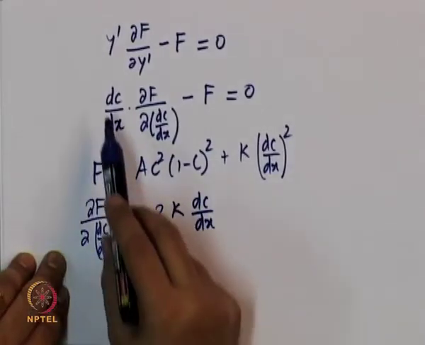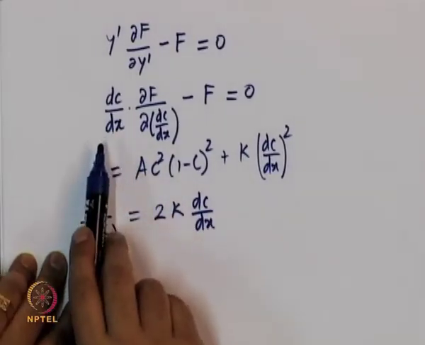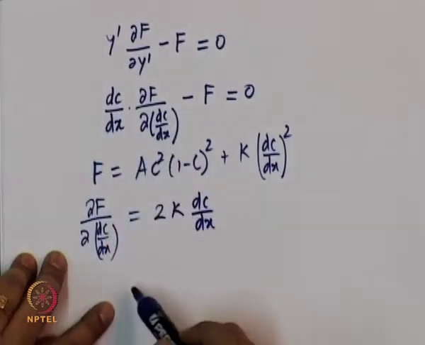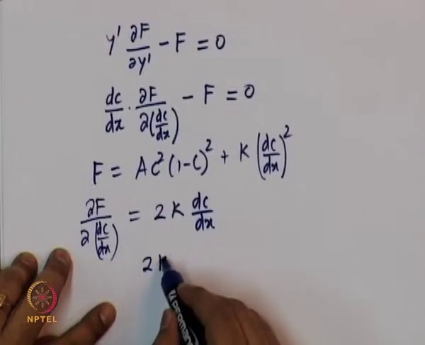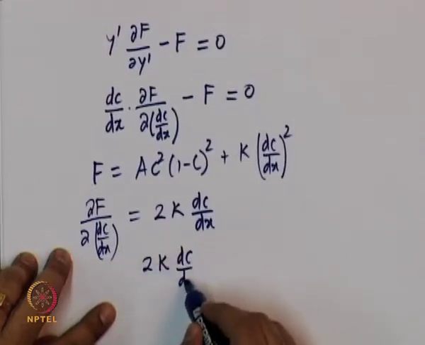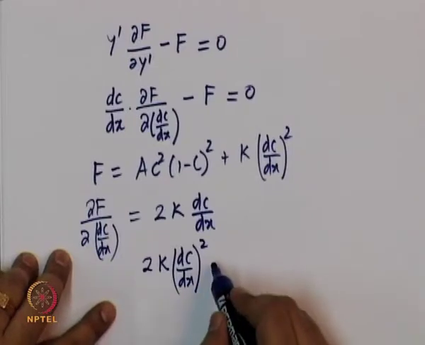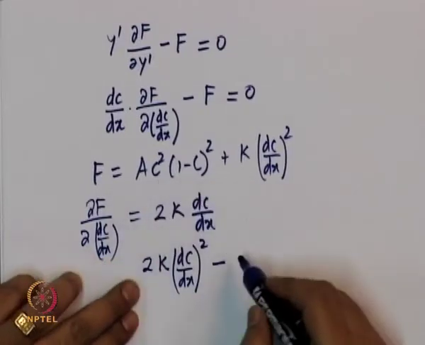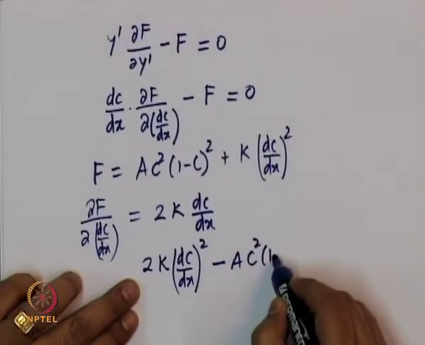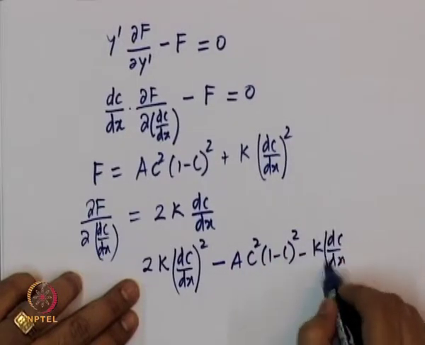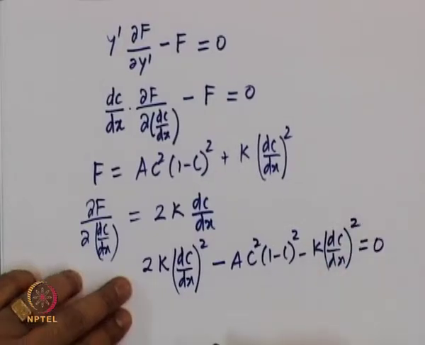Now, if you take dc/dx and multiply by this, that is nothing but 2 kappa (dc/dx) whole squared minus f, which is a c squared (1 minus c) whole squared minus kappa (dc/dx) whole squared, equal to 0.